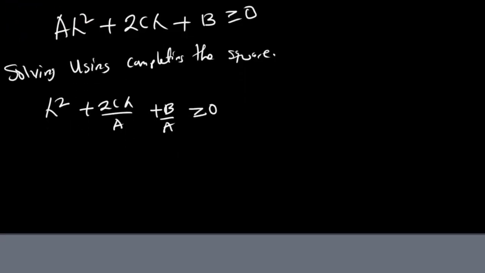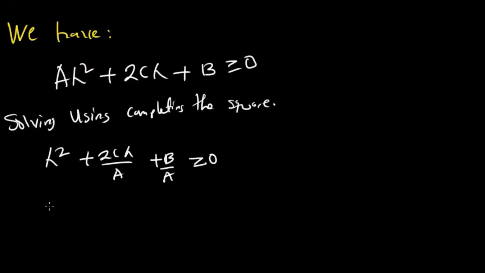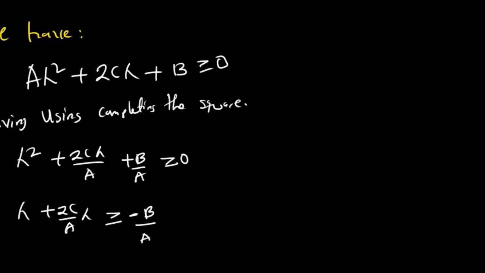So using completing the square, I'm going to have lambda squared plus 2C over A lambda greater than or equal to negative B over A. Let me try to create more space here.